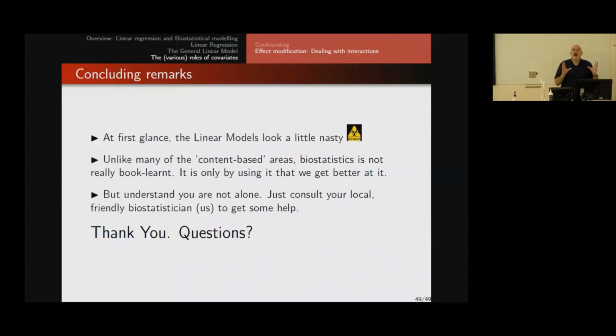If we're doing biomarker analysis, so something like genomics or any of those high throughput areas, they're very much exploratory, aren't they?